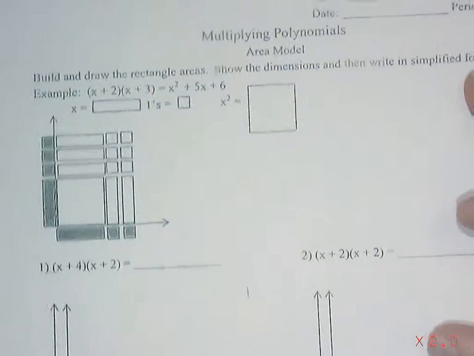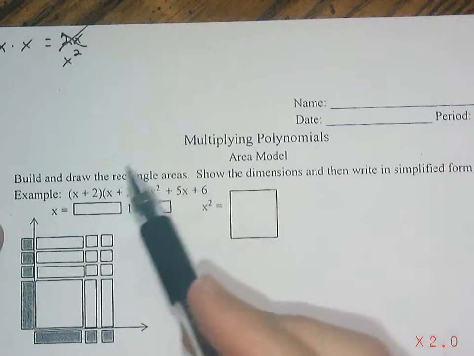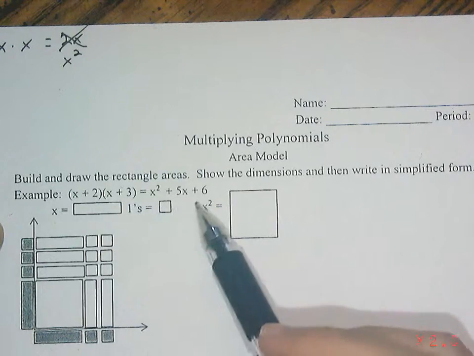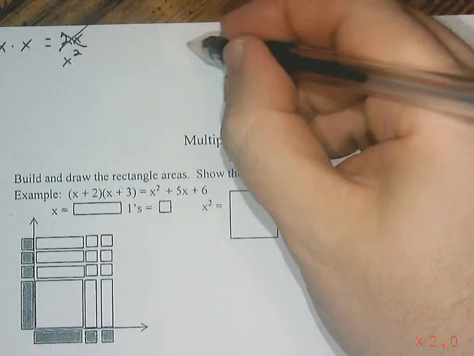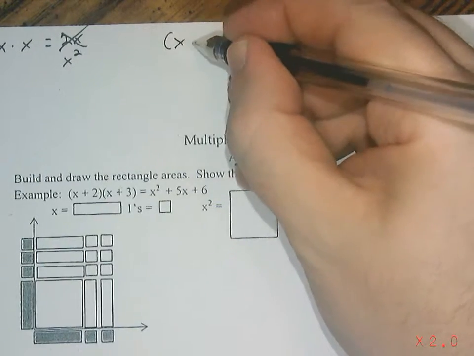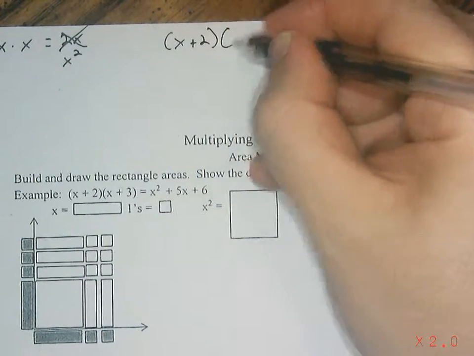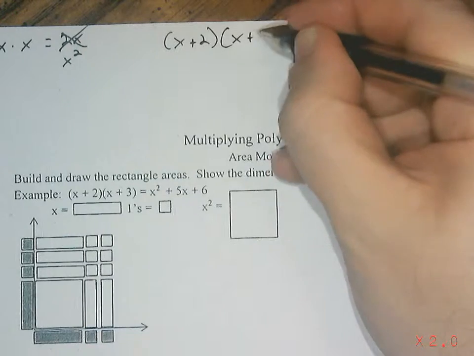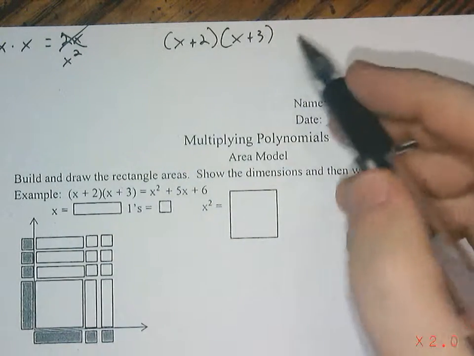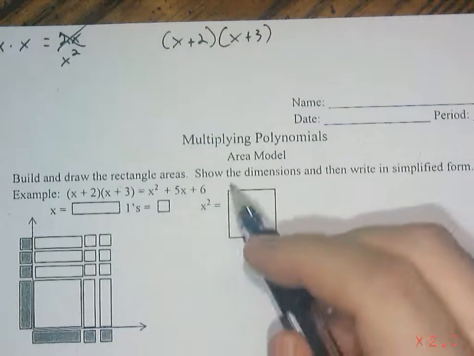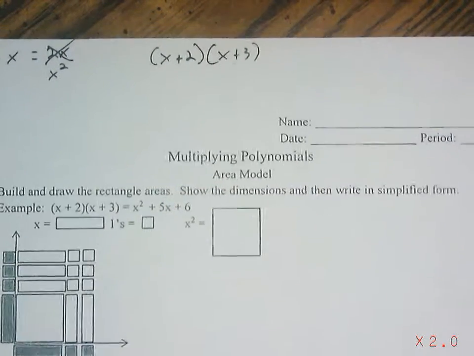Okay, so how this works. So I can kind of see what this should equal right here, right? So let me rewrite this so you guys can see how they got this expression from multiplying those two binomials.